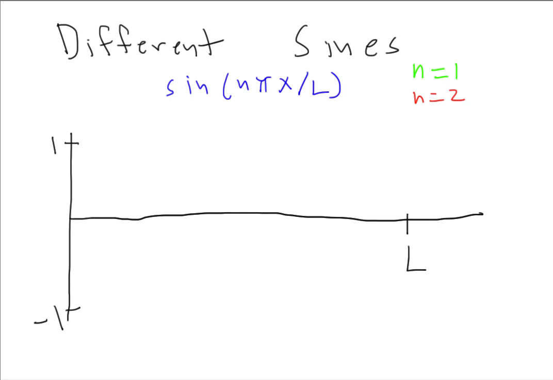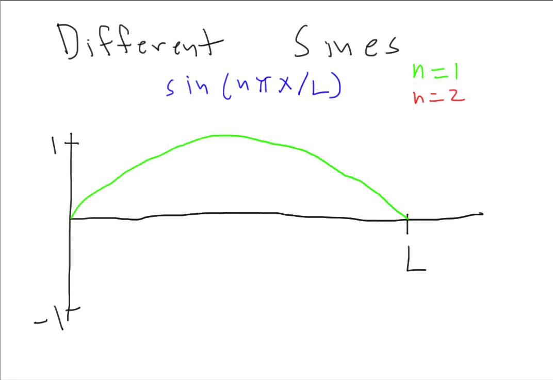So sine of pi x over L, that's n equals 1, starts at 0, and by the time x is equal to L, the argument will have become pi. So our n equals 1 sine function is like a half wave. Let's draw this.